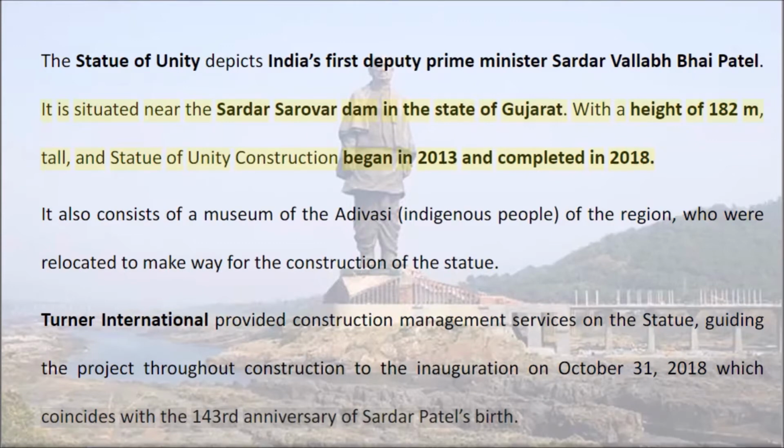With a height of 182 m, the Statue of Unity's construction began in 2013 and was completed in 2018. It also consists of a museum of the Adivasi, indigenous people of the region, who were relocated to make way for the construction of the statue.